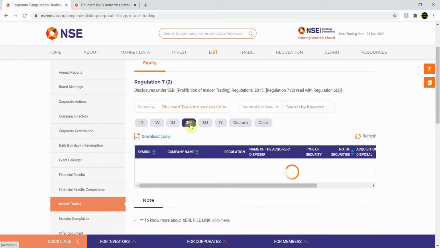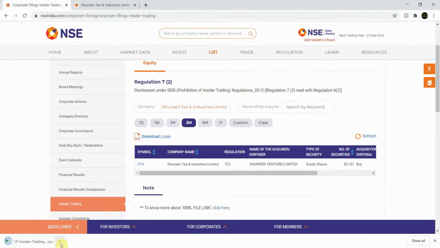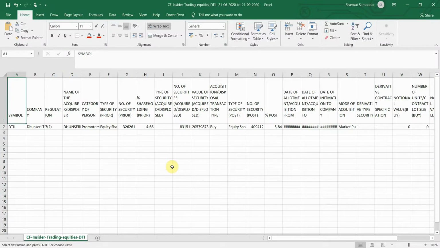Now I will click on the 3 months time frame and I will download the insider trading report of DTIL only. Why I'm doing this? So as to reach the average price at which the promoters have made a position in this stock.